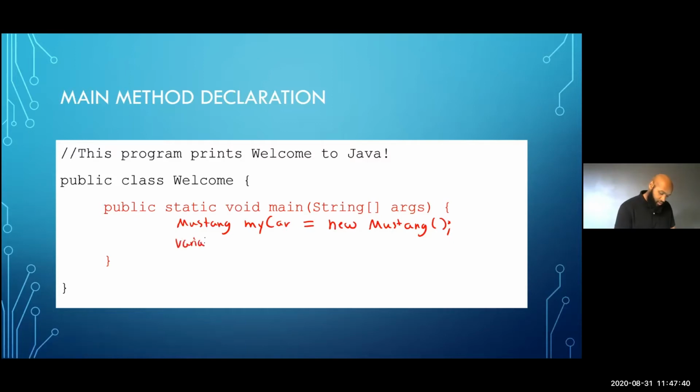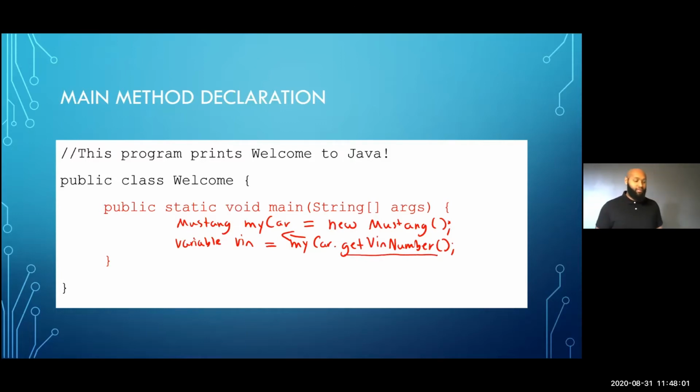Variable VIN equals my car dot get VIN number. Right, that's that method that we created. So now I'm actually using the my car object and calling this method.